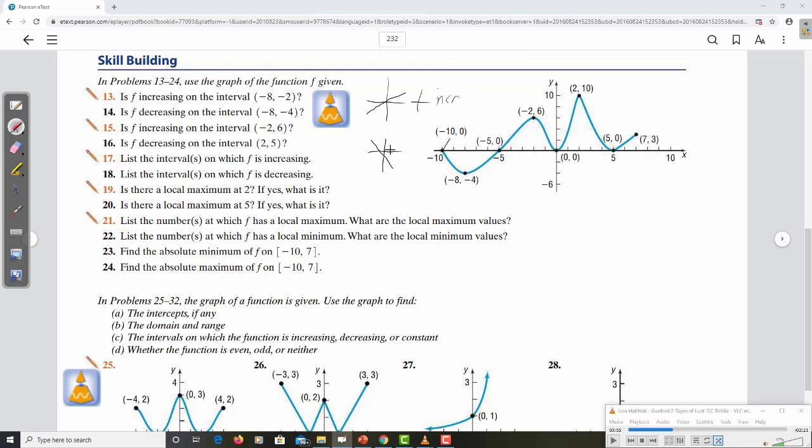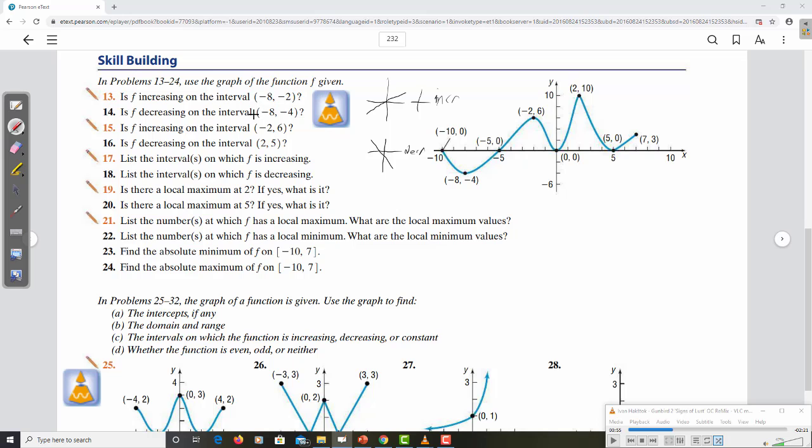Increasing or decreasing. A function is increasing if its graph is going up as you go left to right, or more precisely, if as your x increases, your y increases. And decreasing if as your x increases, your y decreases.